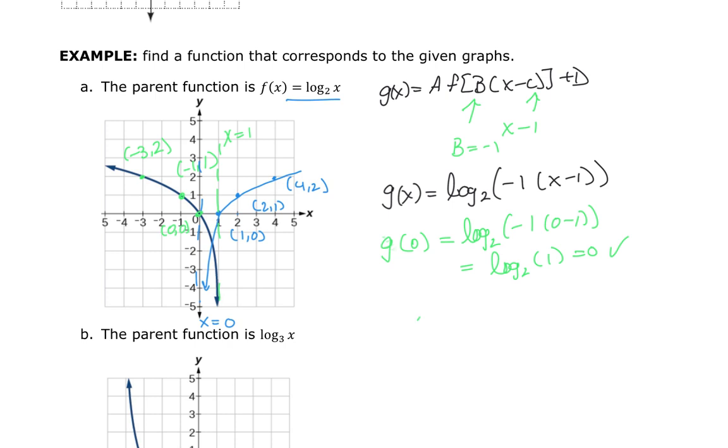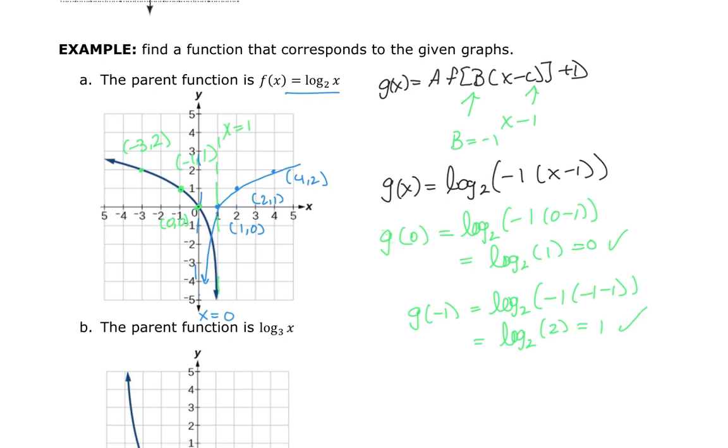Let's check the other point. G of negative 1, this is the log base 2 of negative 1 times negative 1 minus 1. So this is the log base 2 of 2. So this is 1, so negative 1 went in, 1 came out, so that one checks.